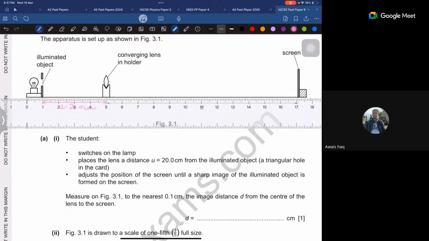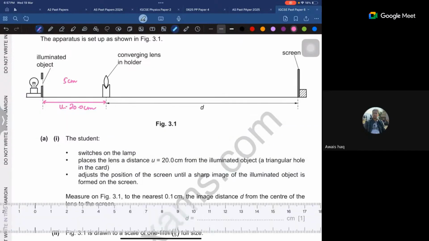On the actual drawing, this distance is 5 centimeter. That means 5.0 centimeter is proportional to 20.0 centimeter in the actual setup.